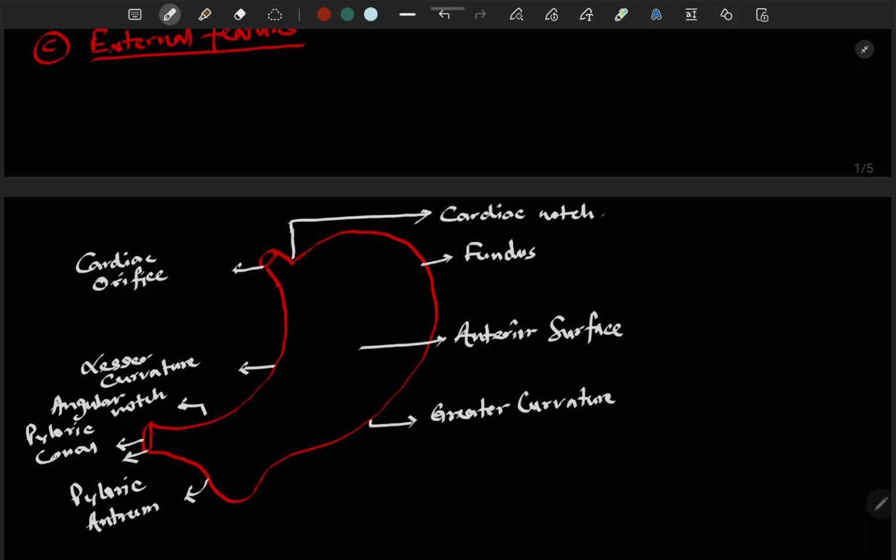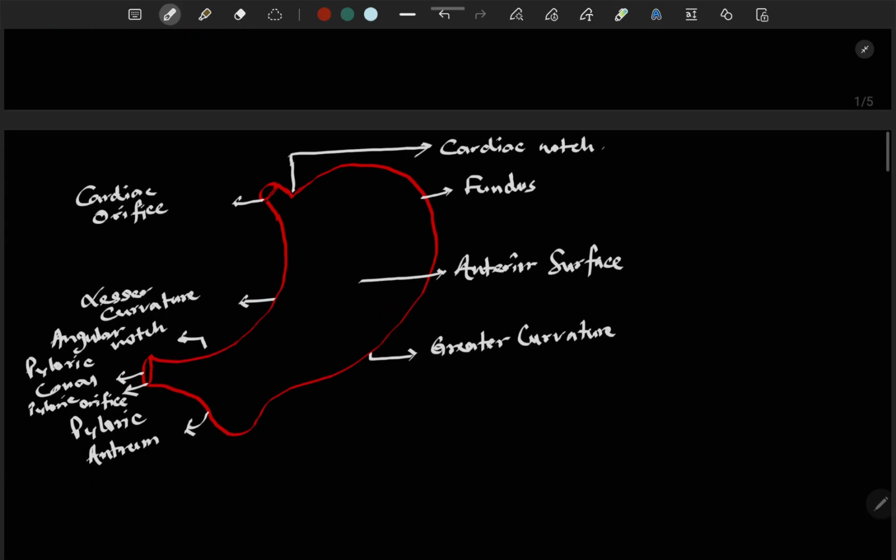And this one is the pyloric orifice. Okay, so this whole section is the external features.